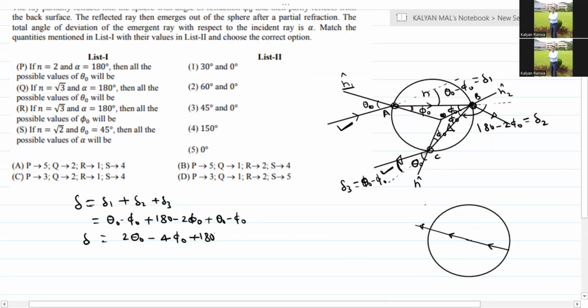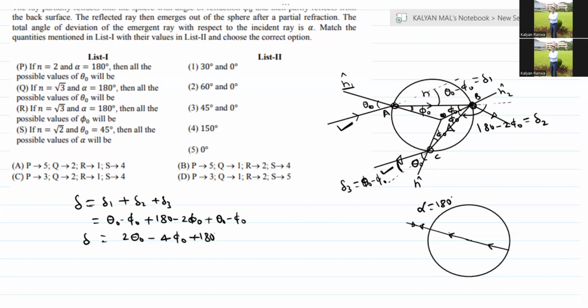In this case the angle of deviation will be 180 degrees, because the ray was going in this direction and comes back in the opposite direction. So the deviation becomes 180 degrees, and this is only possible when theta naught equals zero.